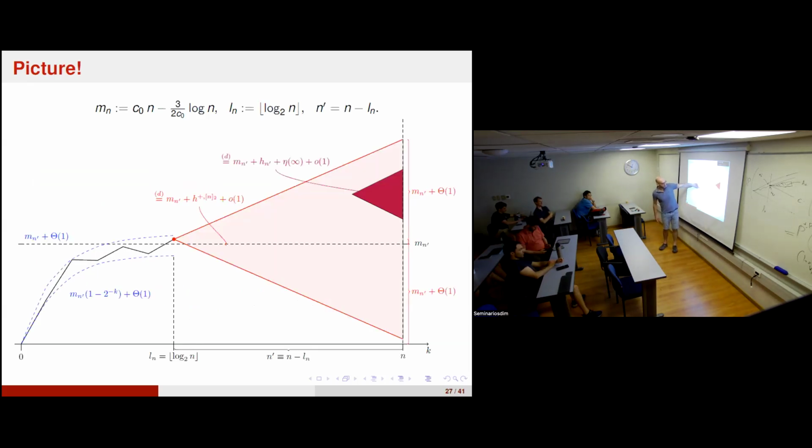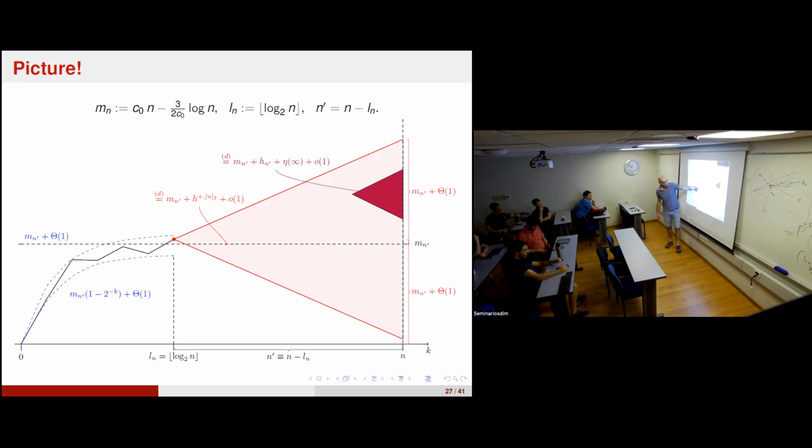Now, how does this law look like? You know that there is a limiting law here. That's a theorem. You have a branching random walk that starts at a height m_n prime, around the height m_n prime according to some random law, and it's conditioned to be positive.